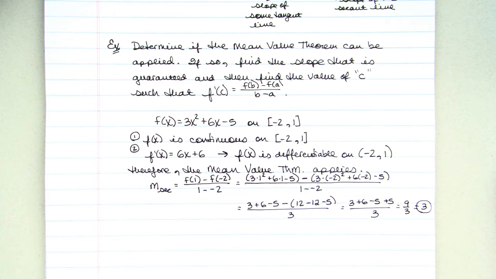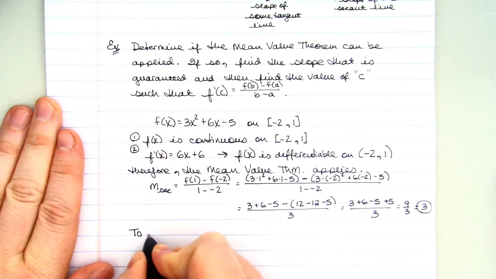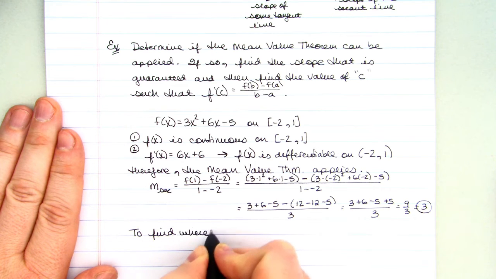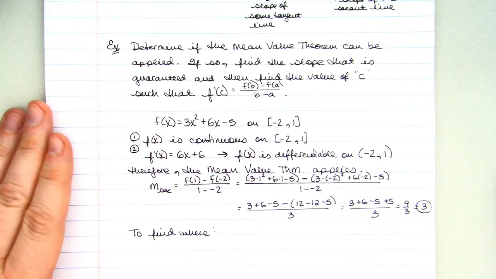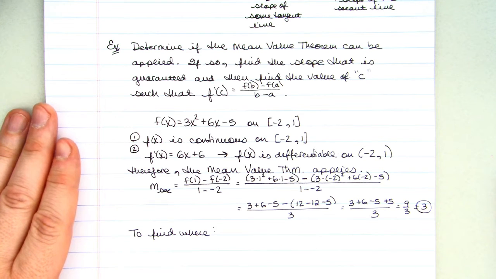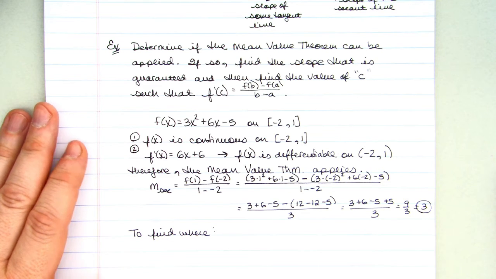Well, now that I know that somewhere my slope has to be 3, I want to figure out where exactly that's going to happen. To find where this occurs, I'm just going to set my slope, my derivative, equal to 3, and I'm going to solve.